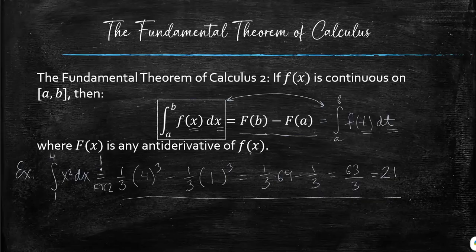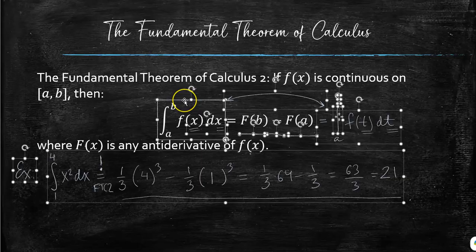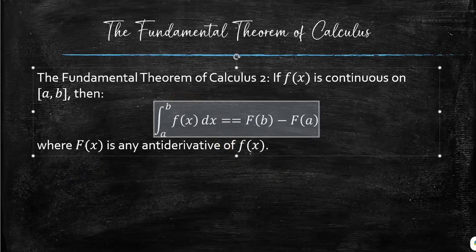Now, to help us be more efficient at using the Fundamental Theorem of Calculus, we're actually going to adopt the following notation. In between the left side and the right side of this statement, we're actually going to enter this.